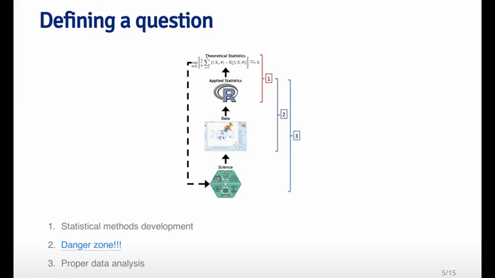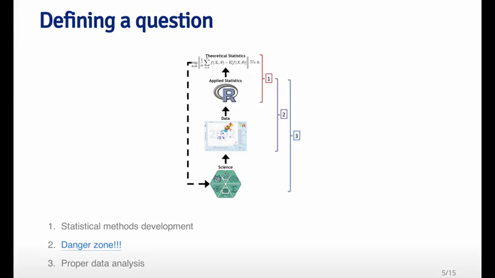That's typically referred to as statistical methods development. The part that's in the purple bracket here, number two, which is just the application of statistics to raw data without any sense of science, is what I would refer to as the danger zone, which I derive from a Venn diagram of data science that was written by Drew Conway.